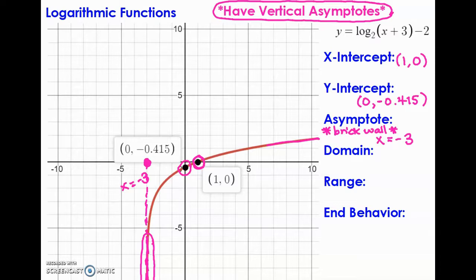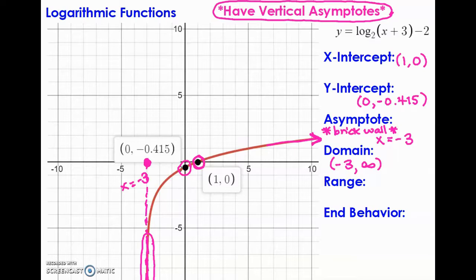When we talk about the domain of log functions, it's not going to be all real numbers like our exponential functions. It's going to be from our asymptote of -3 all the way to positive infinity. Because if I see over here, the left side of my graph goes so close but does not touch that -3, then my right side of the graph will go past x equals 10, way past to infinity.